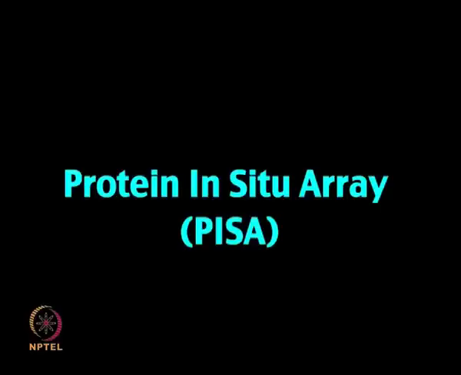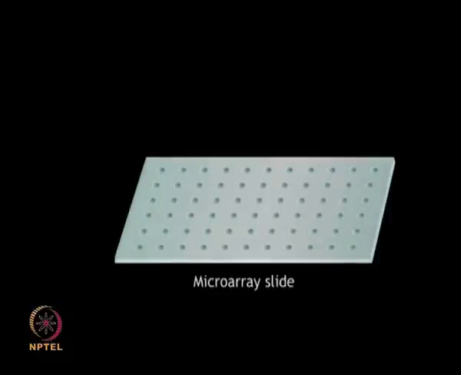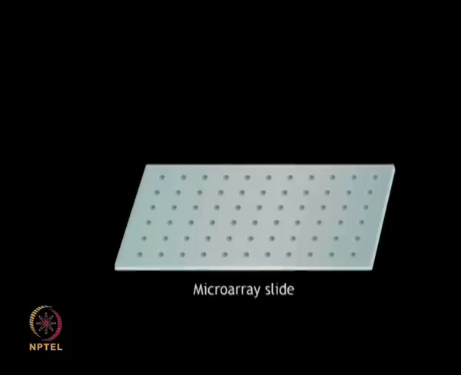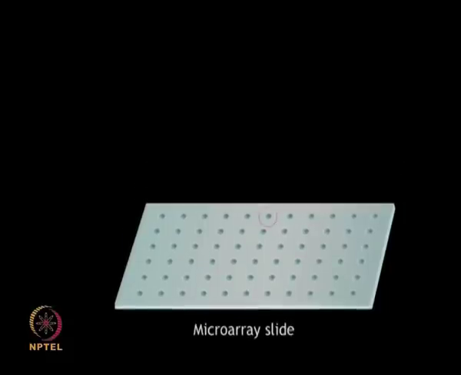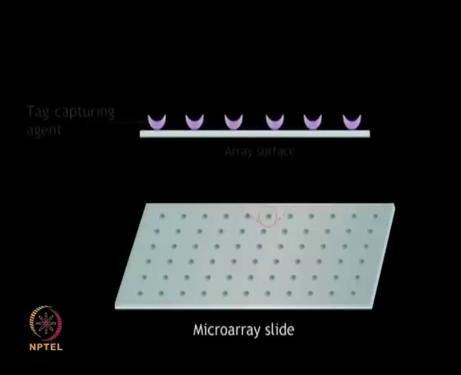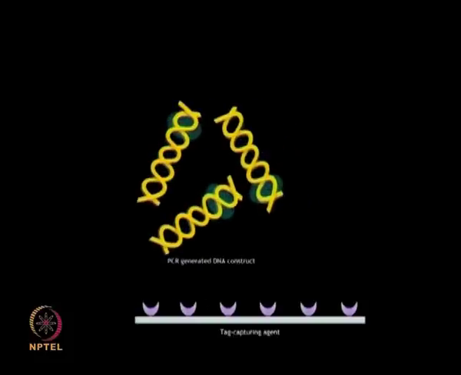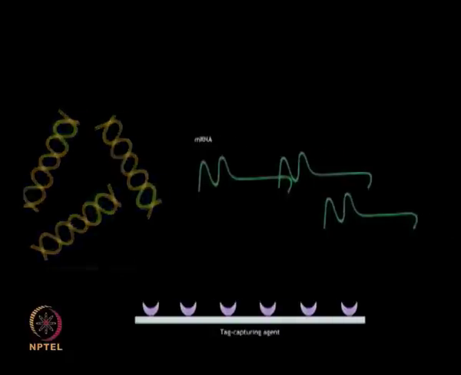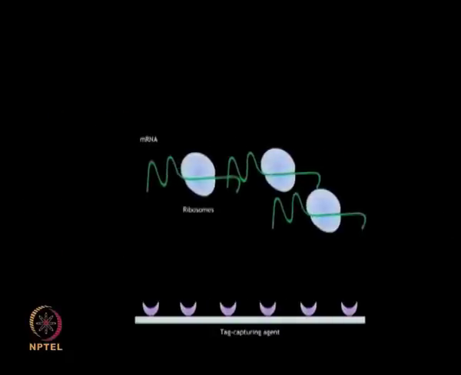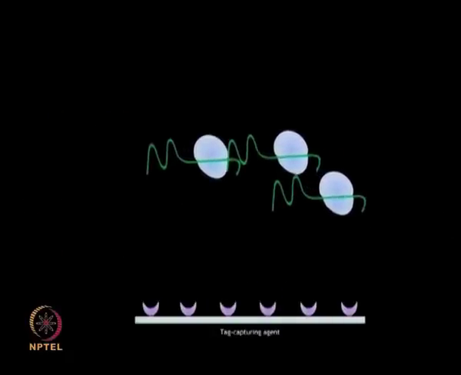Protein in situ array or PISA. In PISA, the protein microarray surface is coated with a suitable tag capturing agent that can immobilize the protein of interest through specific interaction once it is produced. The protein is expressed from its corresponding DNA by using cell free lysates such as E. coli S30 or rabbit reticulocyte lysate.